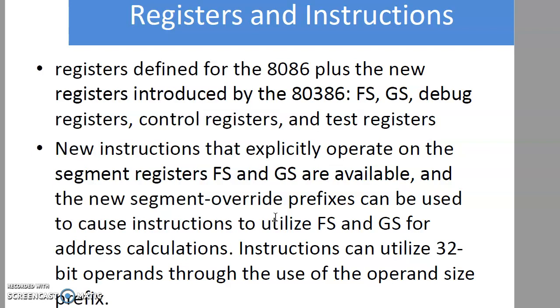All the instructions of 8086 are supported in the virtual 8086 mode. So registers of 8086 and instructions of 8086 are available in the virtual 8086 mode, plus the additional registers and instructions of 80386 are also available.